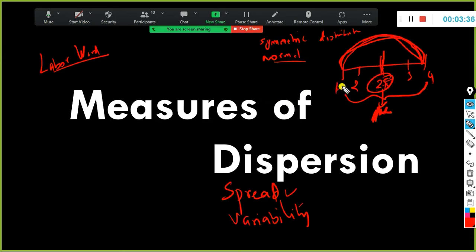Or let's say you have 1.8 weight, and 2 and 3 and 4. So we can say that on average the weight of all the 4 kids is 2.5 also. If the spread is too high, for example 5, 6, or let's say 4.5 and 5 kgs, then the spread is too wide here.